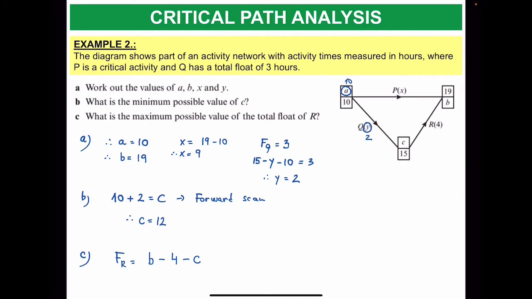So in this case, because I know the values already from before, this is 19 minus 4 minus 12, which is then 3. So then the maximum possible float for the activity R is 3 hours as well.